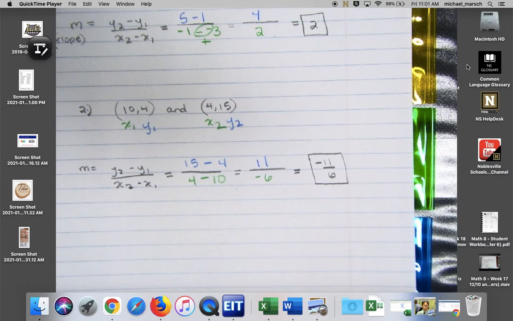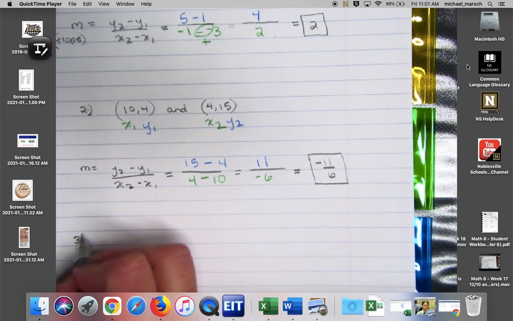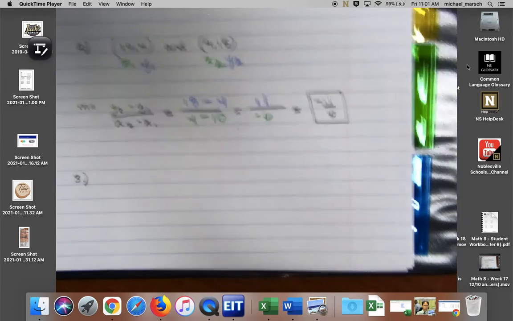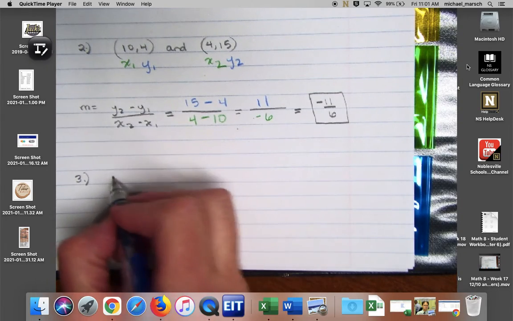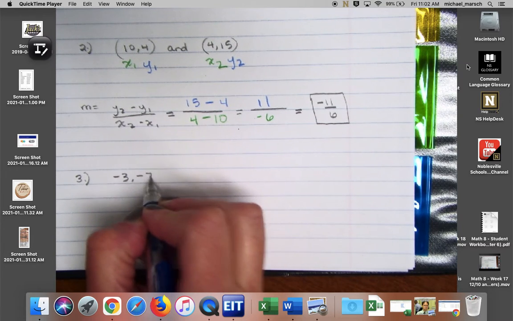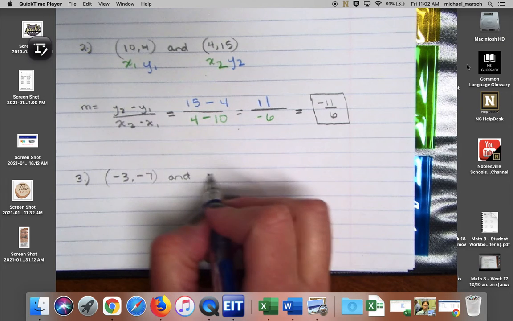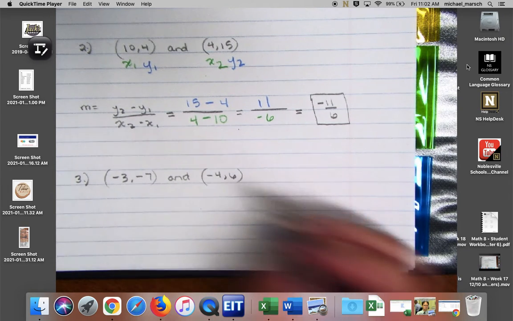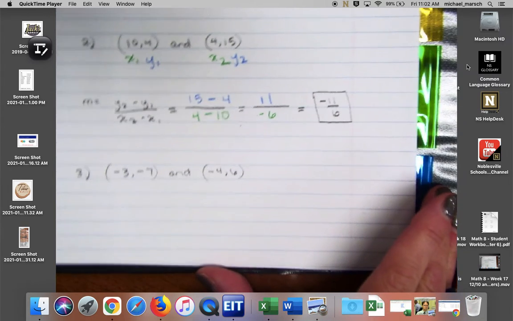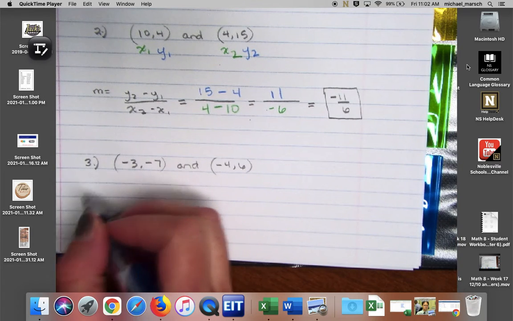Let's do another one. All right, we've got negative 3, negative 7, and negative 4, 6. We're going to write out our slope formula again.